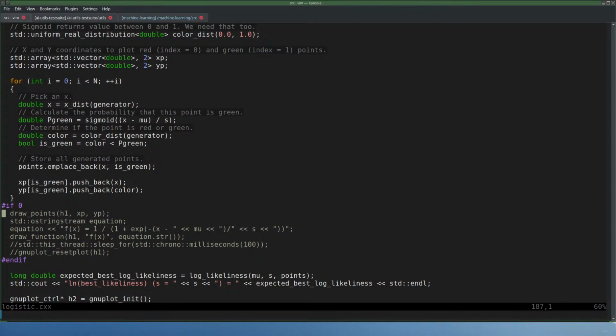And they're stored in XP and YP. Well, I have two of those. The green ones in one array and the red ones in the other array.